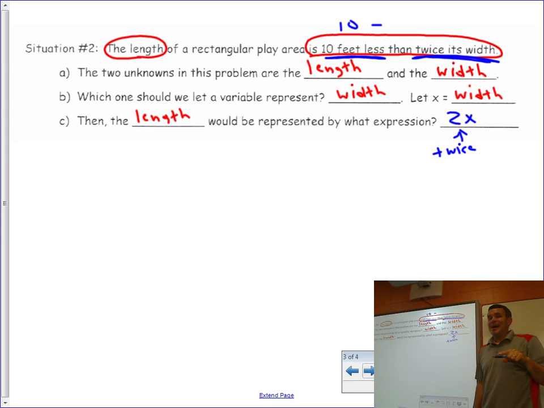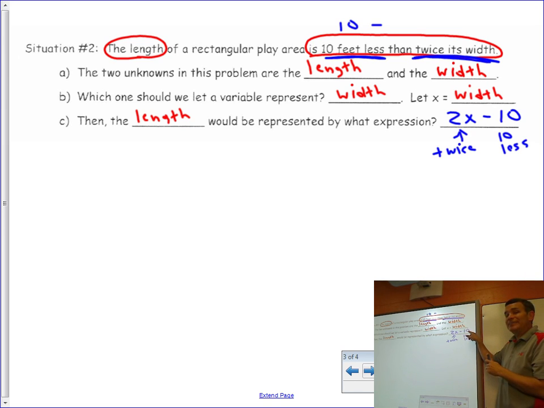But that is not how you get 10 less than something. You get 10 less than something by starting with the something and subtracting 10 from it. Now, I have twice the width, but I'm subtracting 10, so I have 10 less than twice the width. 2x minus 10 would be our expression that represents the length.